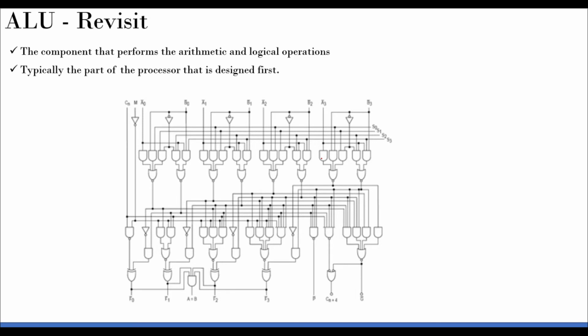The brain is always the control unit, right? So this is like maybe the heart, for example. This is just a sample I've taken. You figure out what this operation is. It's definitely 4-bit because you have B0, B1, B2, B3 and A0, A1, A2, A3. So it's a 4-bit operation.